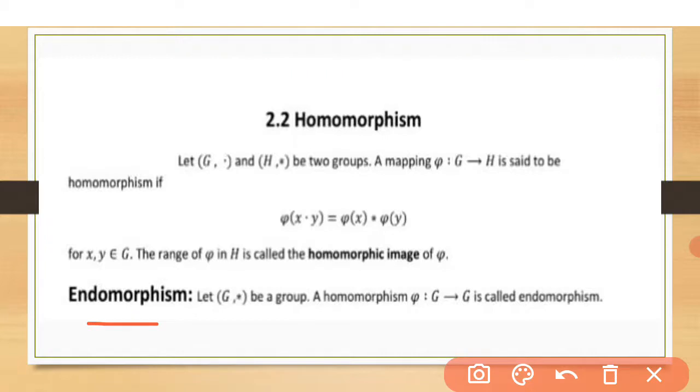And for x, y belonging to G, the range of phi in H is called the homomorphic image of phi. As I told, H is the range, so the range of phi is the homomorphic image of phi.